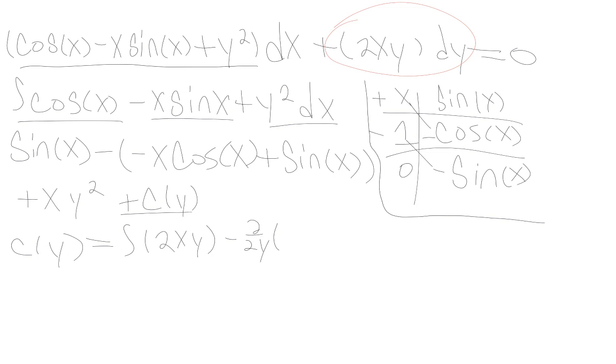So 2xy minus partial with respect to y of sine x. I'm going to evaluate all this. Sine x plus x cosine x plus x cosine x minus sine x, let's see, minus sine x plus x times y squared, with respect to y.